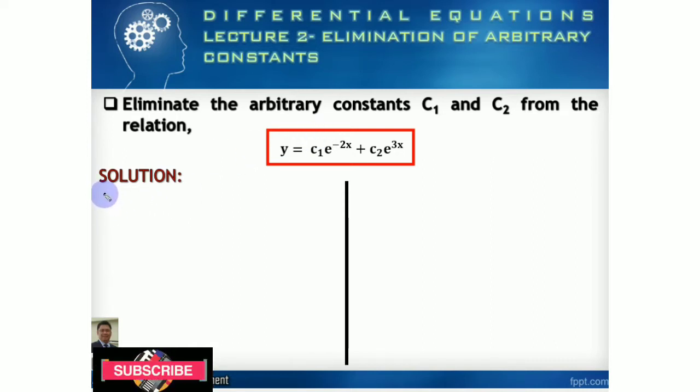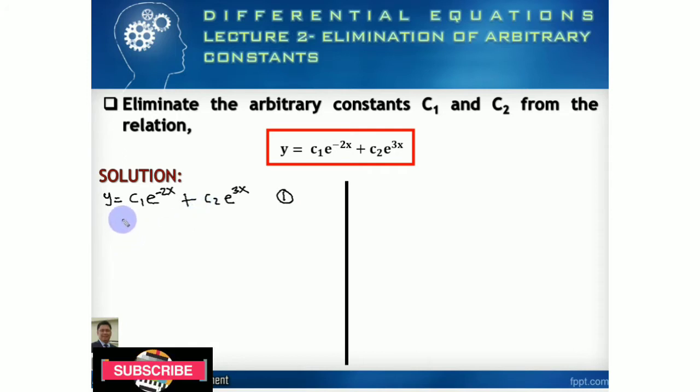So we have y is equal to C1 times e raised to the power of negative 2x plus the second term, C2 times e raised to the power of 3x. We will denote this as our equation number 1.